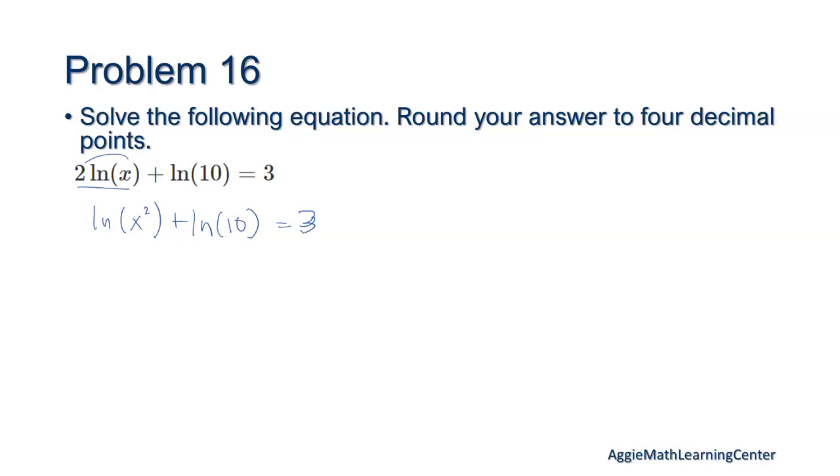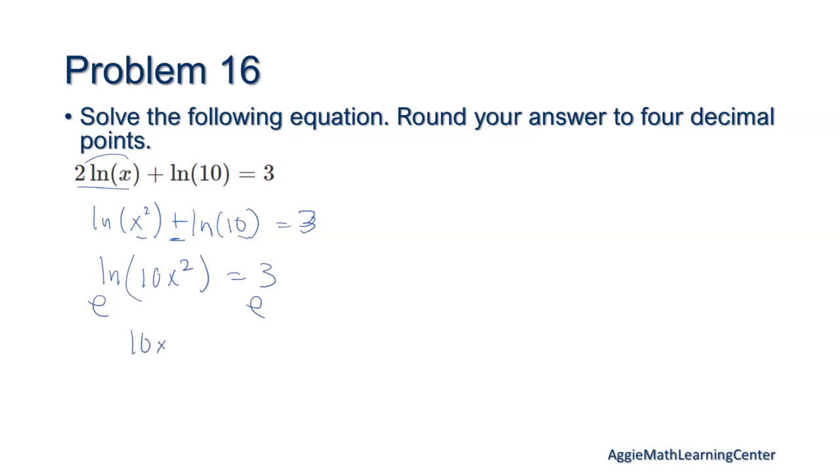And then, since these are added together, that tips me off that we're going to use the product rule. And so then that will give me the natural log of 10x squared. We're just multiplying the inside of this and this. That equals 3. And now that we have one natural log, we can raise both sides like so.